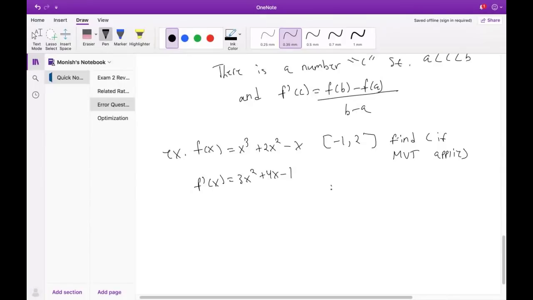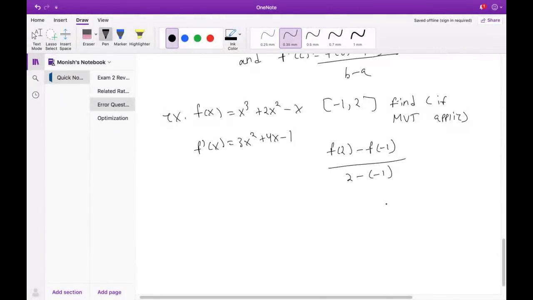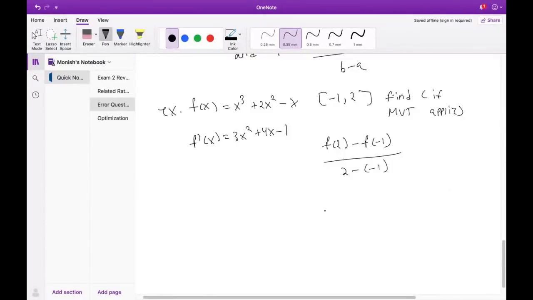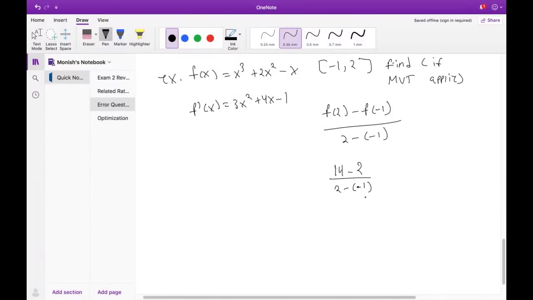So basically f of 2 minus f of -1 over 2 minus -1. F of 2 is equal to 14. F of -1 is equal to 2. 2 minus -1 is just going to be 3. So is this going to be equal to 12 over 3? So this is equal to 4.